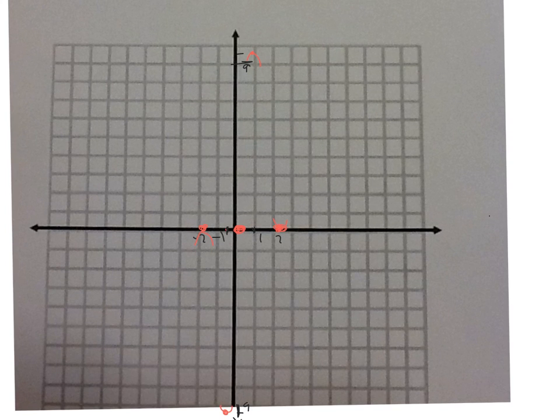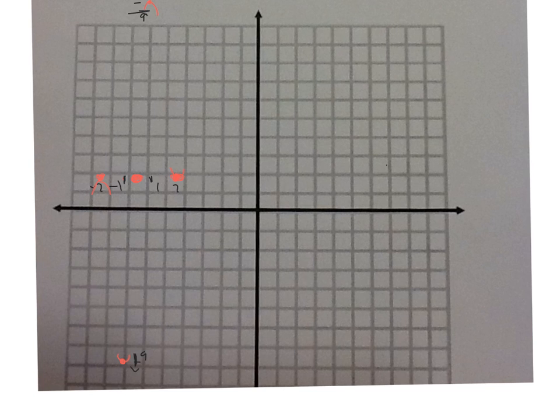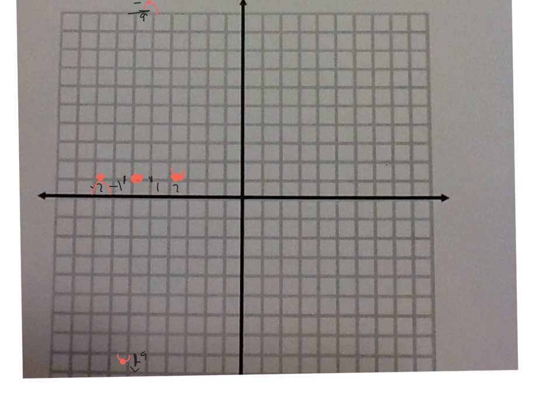I'm sorry, trying to move the paper. So from negative infinity to negative 2, I'm increasing. So I have to be coming from the bottom and going up to increase to get to this point right here. Okay, so I'm coming up, I'm increasing.